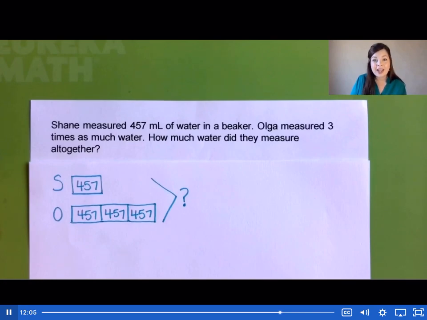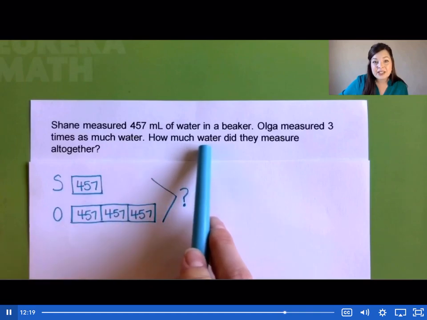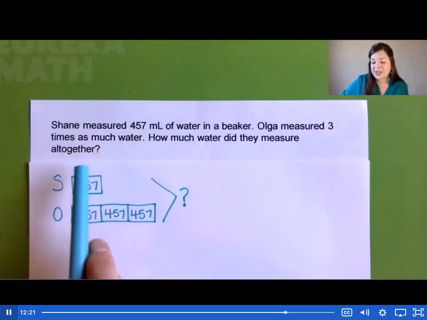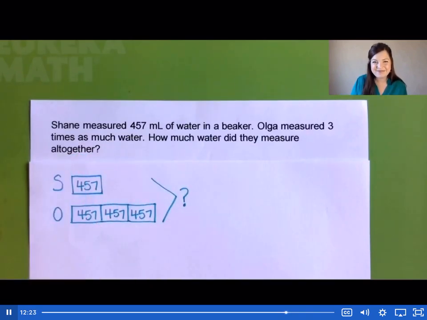Just give it a try. And then you can check your work using a strategy that you're more comfortable with, like partial products or the place value discs. And once you're finished solving, don't forget to write an answer statement to answer the question of how much water did they measure altogether. Okay, so pause the video here, do the work, and I'll see you when you get back.